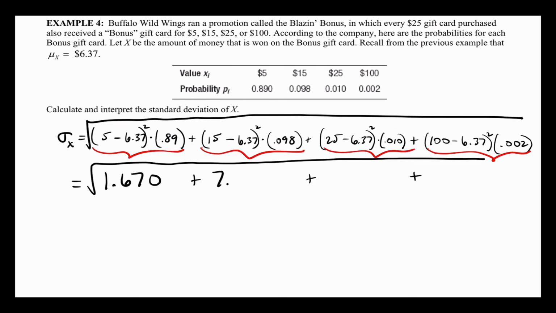This one's a little bigger. 7.299. Then 25 minus 6.37 squared times 0.010. If you can, go 3 spaces past the decimal, always. It's a good habit. If you can't, go as far as you can. Times 0.002.